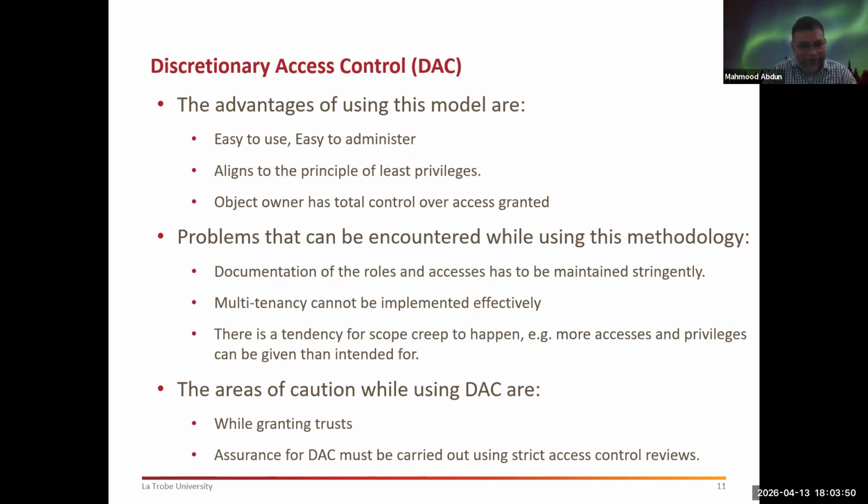Because if you look into the problems mentioned below, it says that documentation of the roles and accesses has to be maintained stringently, multi-tenancy, and so on. But the most important thing is that you have no central control or knowledge of who has access to what level of information.